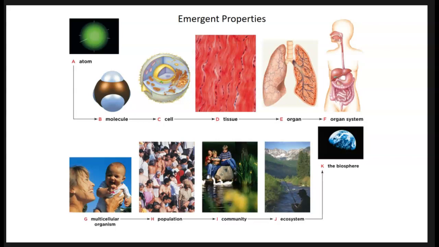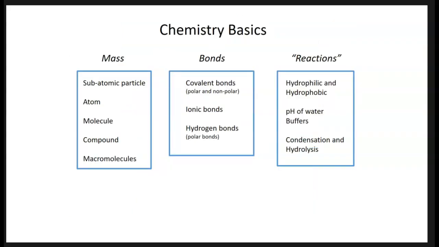Then we all interact in ecosystems and in the entire biosphere of this incredible planet we live on. But all of these miracles of life are based fundamentally on the properties of these individual atoms and the way that they interact with each other. So let's talk about that chemistry.